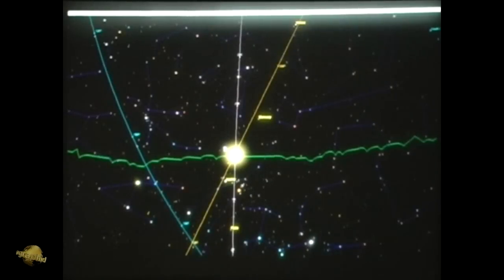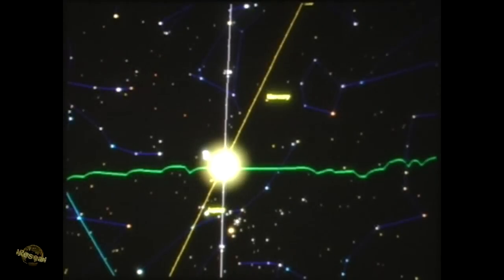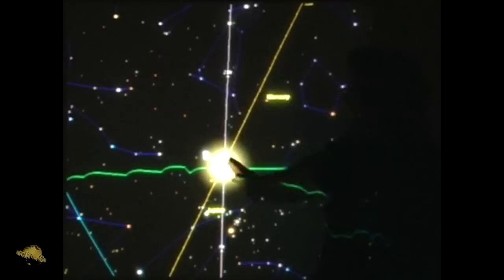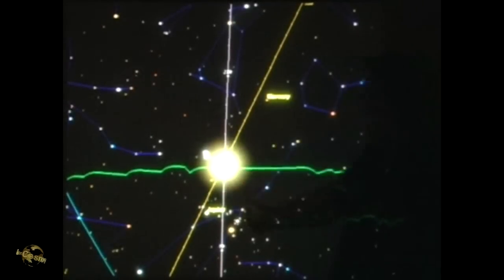And in this particular alignment, the yellow line is the plane of the ecliptic, and the white line is the celestial equator. So if you're standing on Earth's equator, the celestial equator is going to rise perpendicular to the horizon, and it's going to go straight up and down. And here's the X marks the spot.